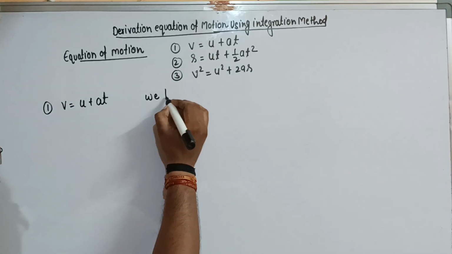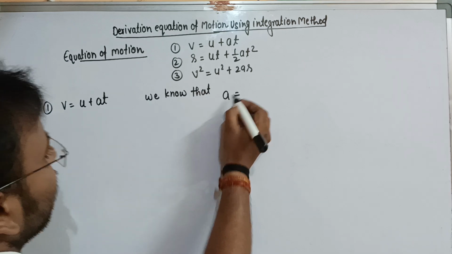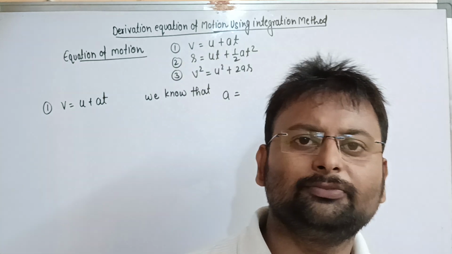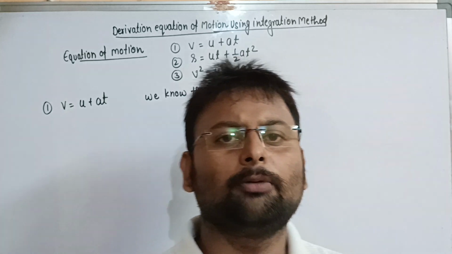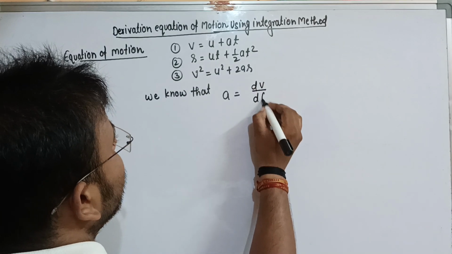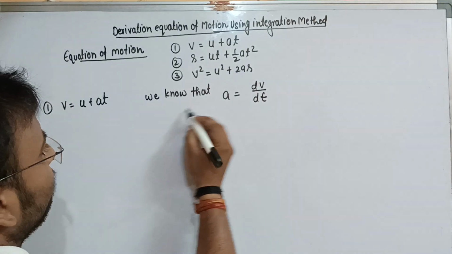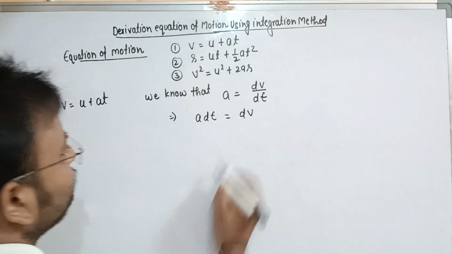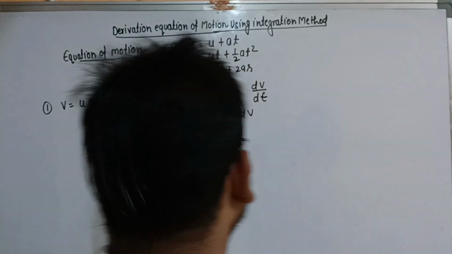We know that acceleration a is equal to the rate of change of velocity with respect to time, and the mathematical form is written as dv by dt. Multiplying by dt, a dt is equal to dv. Now we apply the limits of integration.